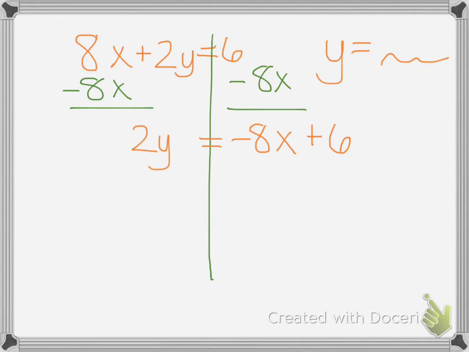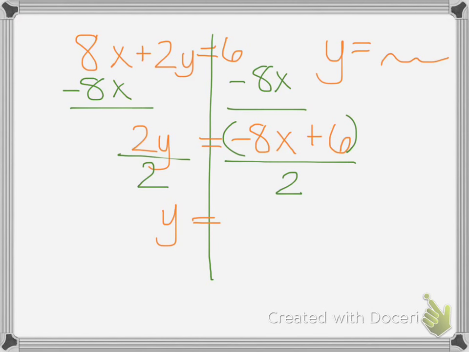Now I know what 2y is, so I'm going to be dividing both sides by 2 so that I can get y by itself. Notice I'm dividing this whole side by 2. So the left side of the equation is now y equals something, and y equals this quantity over here.